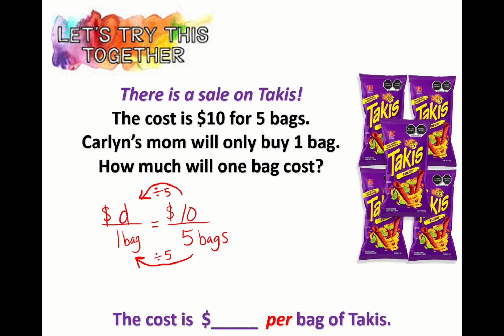So now I'm just solving this. $10 divided by 5 equals what? Well, we are saying that D equals $2. So that means that the cost is $2 per bag of Takis.